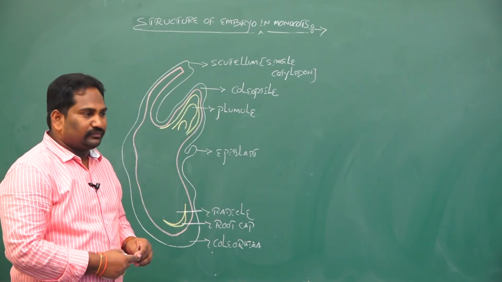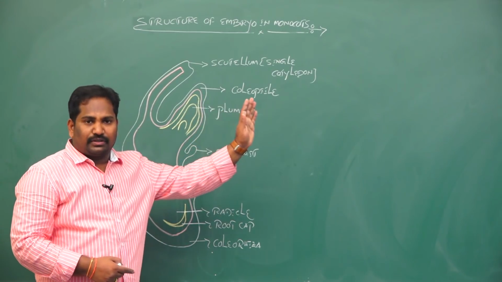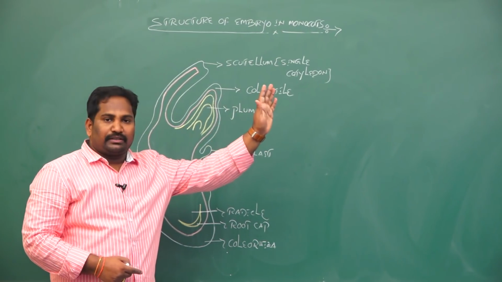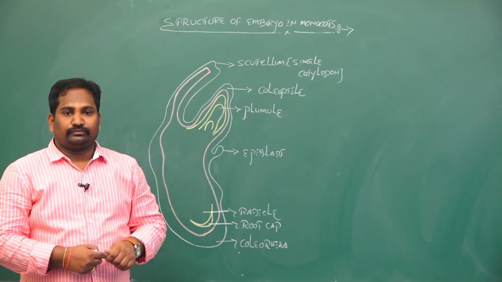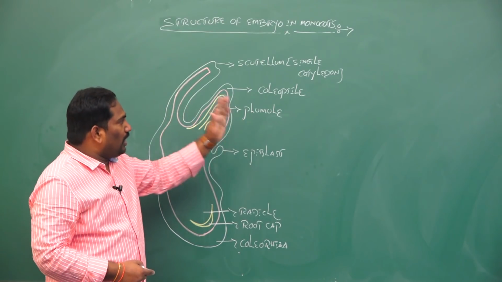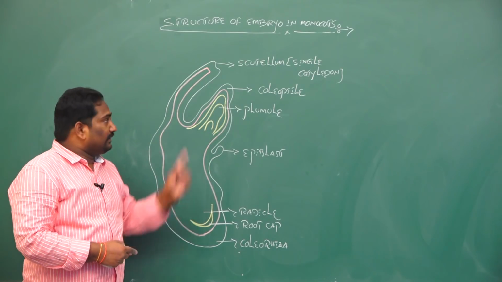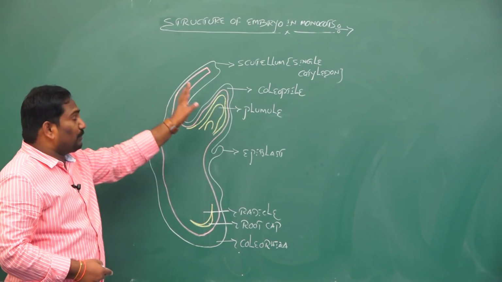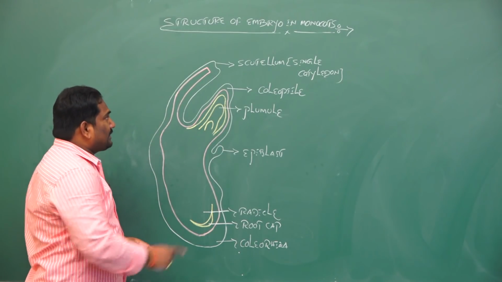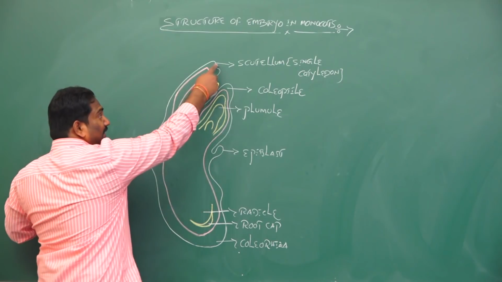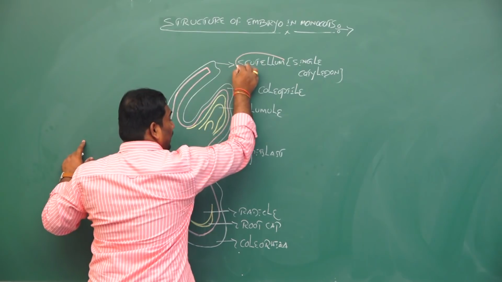Already I told you the process of embryo development in dicotyledons and monocotyledons is more or less the same. After embryogenesis, a mature embryo forms in monocotyledons. This is the basic structure of the mature embryo in monocotyledons. In the monocotyledon embryo, a single cotyledon is present. That single cotyledon in the monocot embryo is called the scutellum.